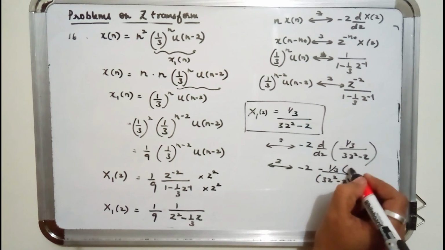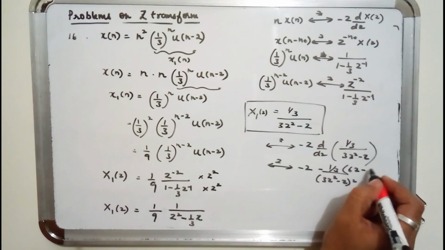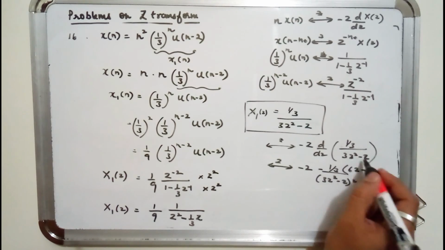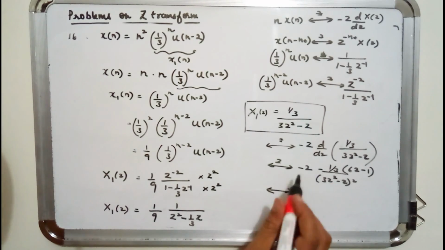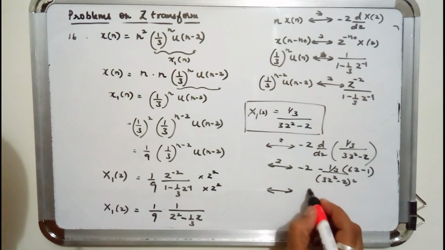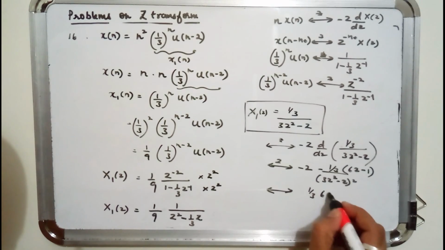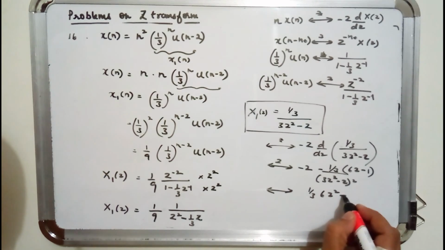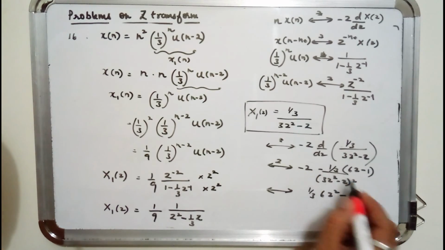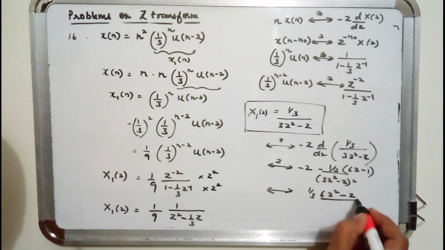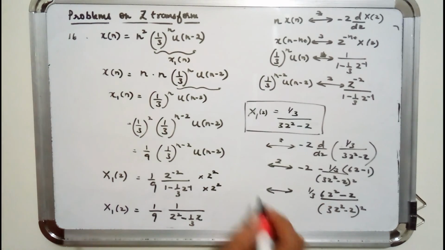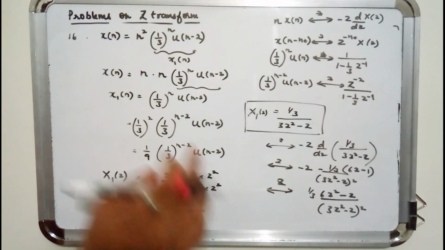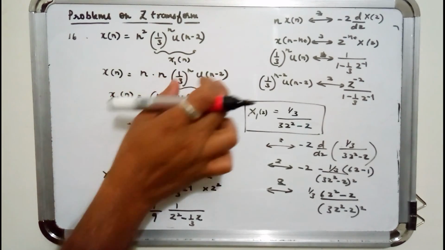So differentiation of this is 6z minus 1. So if I simplify this, it will be plus 1 by 3 into 6z square minus z divided by 3z square minus z whole square. So this is the z transform of n into x of n.